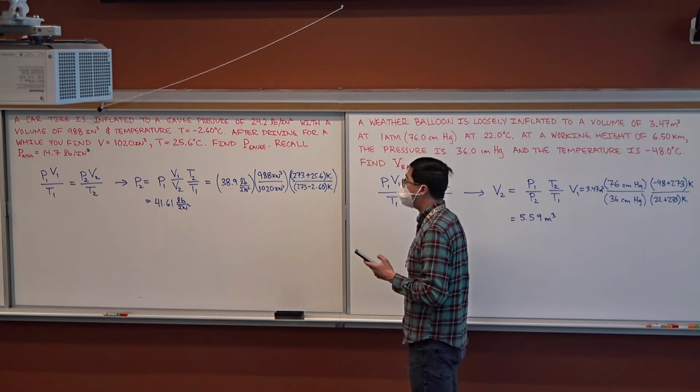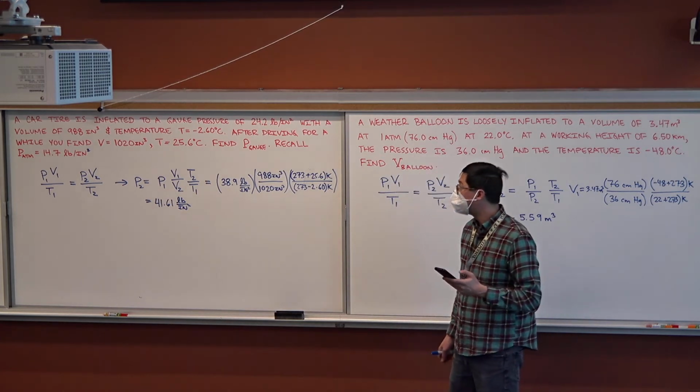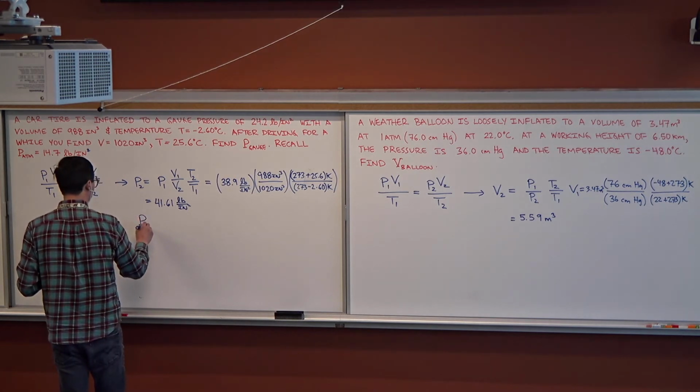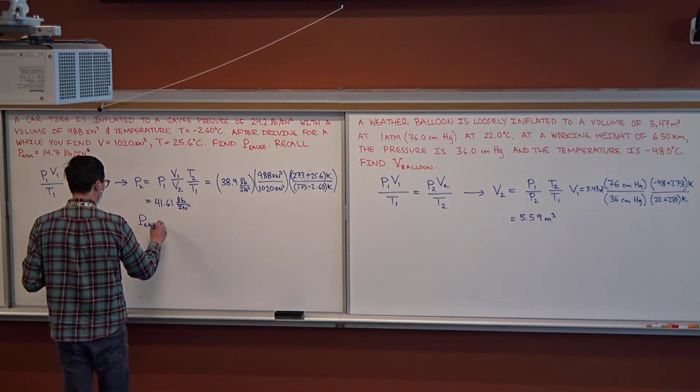But what we actually want is the gauge pressure. So how do I find the gauge pressure? You subtract 14.7. Excellent.